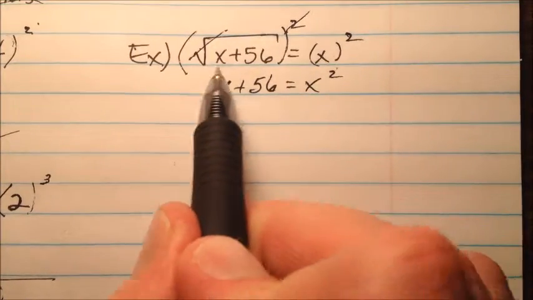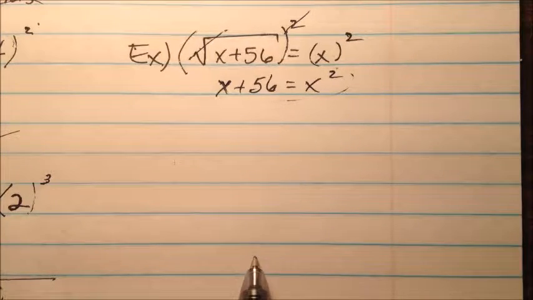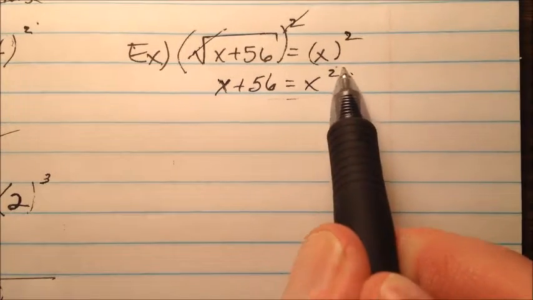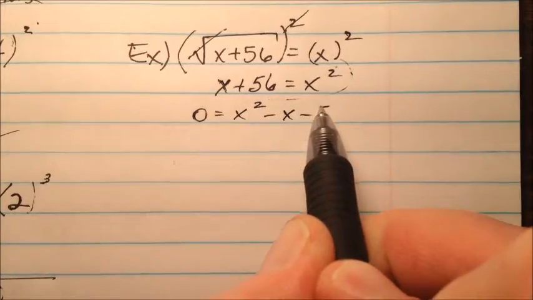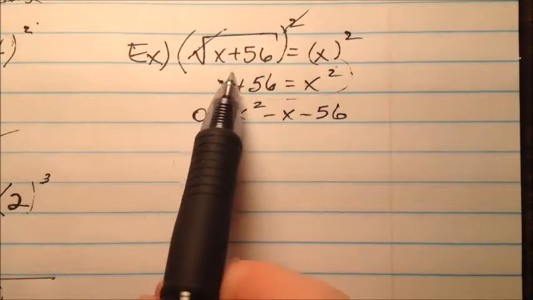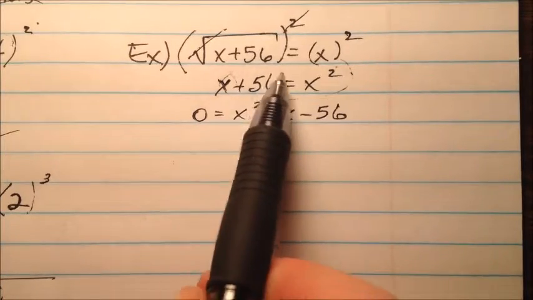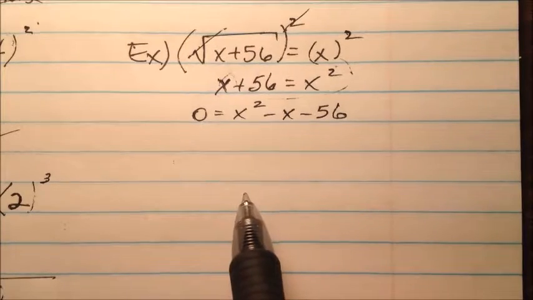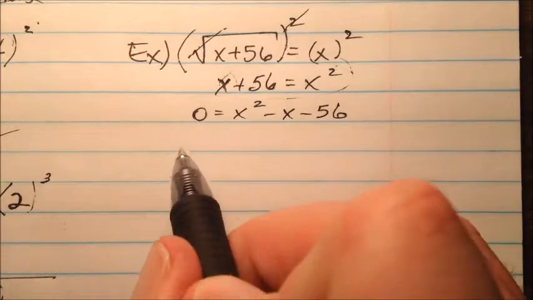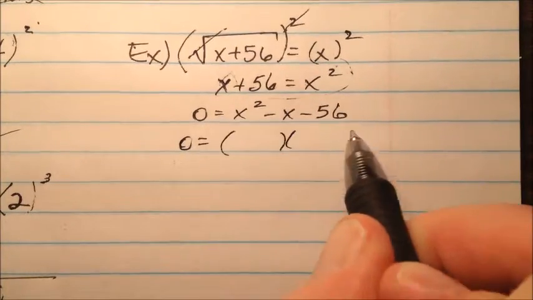Well, now it seems like I have a quadratic equation to solve. So I want to put all the terms on the side of my x squared. So I'll say 0 equals x squared minus x minus 56. Moving the positive x over here makes it negative, and moving the positive 56 over here makes it negative. So I wonder if I have to use the quadratic formula or if I'm able to factor this. Let's try factoring first.